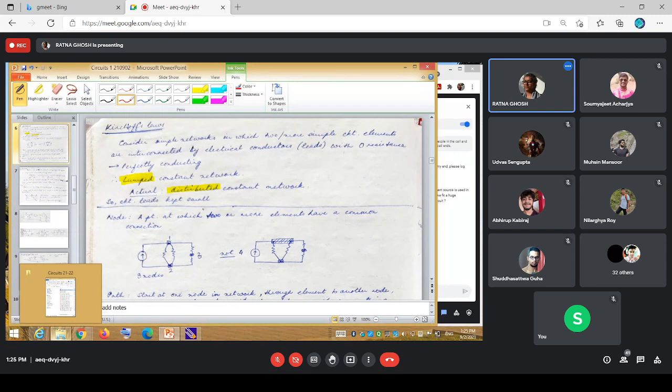Or if you're thinking of mechanical systems, as I said, spring constant: if there are small elements, then you can think of that as a single spring constant. If there are large elements, then there also you would be talking of integrals and distributed constant networks.